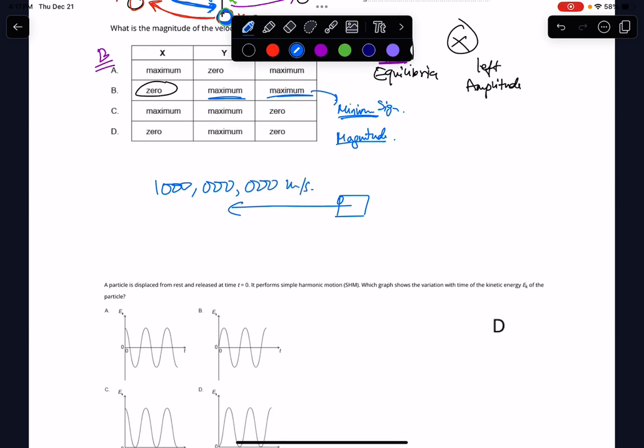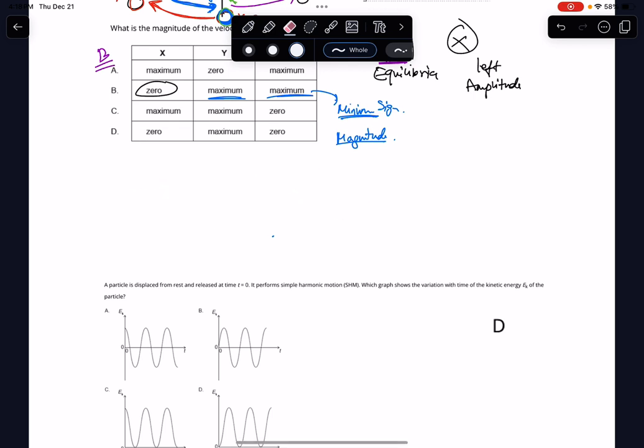Then you might be thinking that, oh, it's going to the left, it has a negative velocity, so it's like very little velocity, but that's not the case. If you take the absolute value, if you just take the magnitude, it's a very high velocity, okay? So there's a difference between the magnitude and the direction, okay?